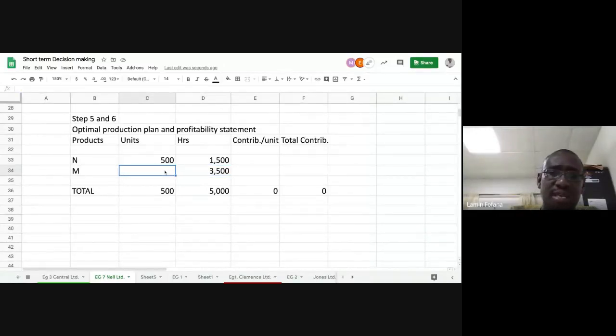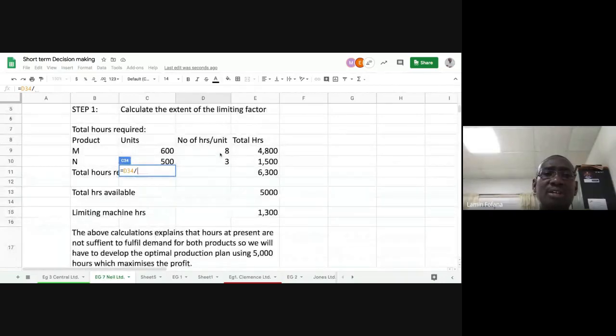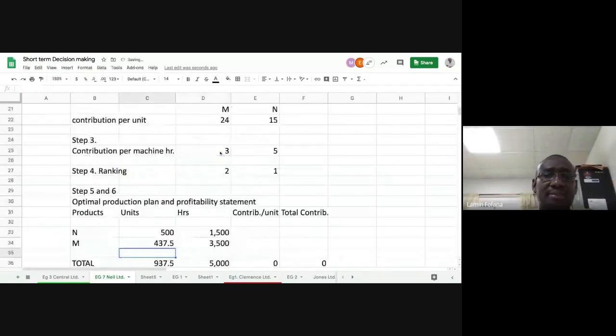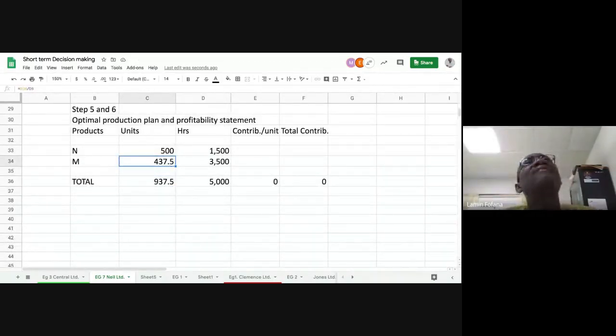So this equals the total hours that remain, divided by the hours per unit. We already got it here, so we just click here and enter. This will give us 437.5.